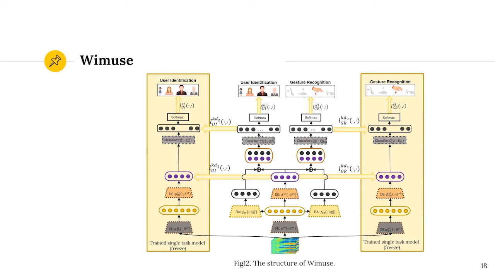Okay, as we can see, this is the Y-Muse model. And the two sides are the trained single task models. When training the Y-Muse on two tasks, user identification and gesture recognition, we first train two single task models corresponding to these target tasks.